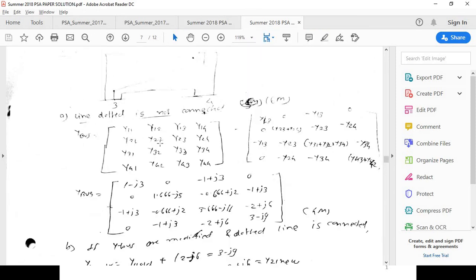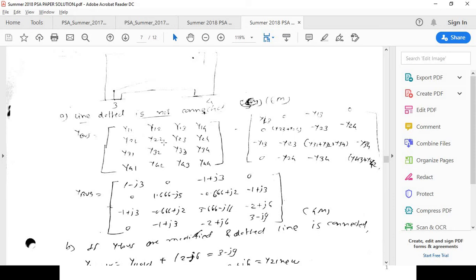Here Y11, Y22, Y33, Y44, that is similar to Yii, are examples of diagonal elements. Whereas Yij, where i is not equal to j, are examples of off diagonal elements of the Y bus matrix. So here Y12, Y13, Y14, then Y21, Y31, Y41, etc. are examples of off diagonal elements of the Y bus matrix.